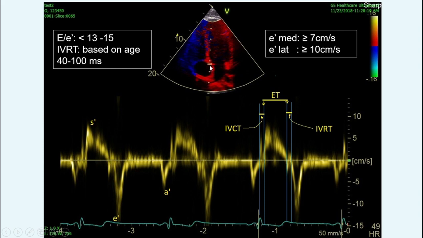If we use only medial, the normal ratio will be less than 13. If we use only lateral tissue Doppler of the mitral annulus, the normal ratio cutoff will be 14.